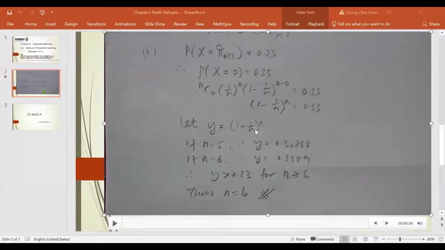So the solution is that the smallest integer number of trials n is 6. This question is very nice, because you have to understand the question.